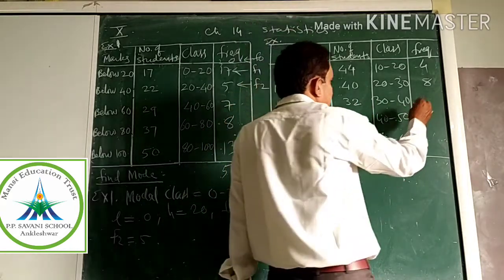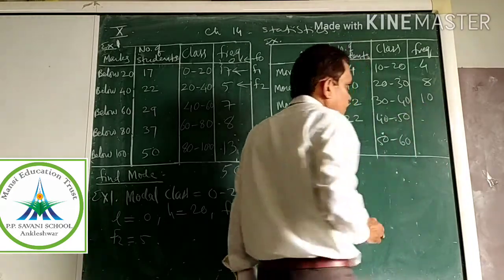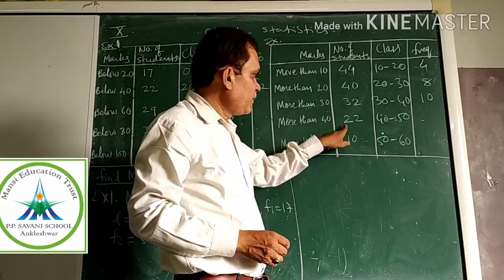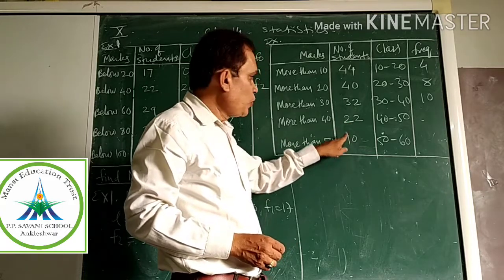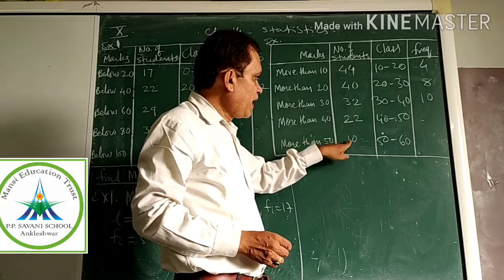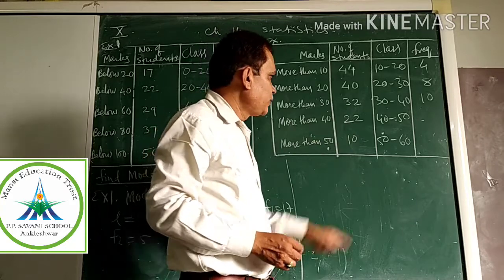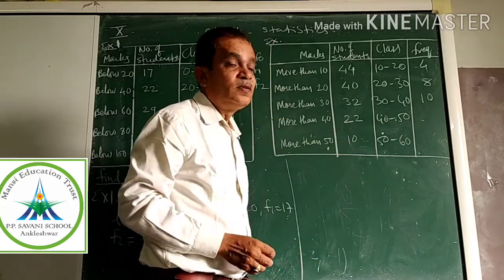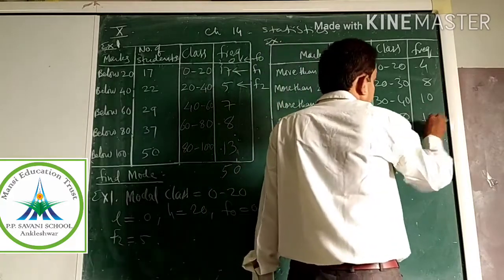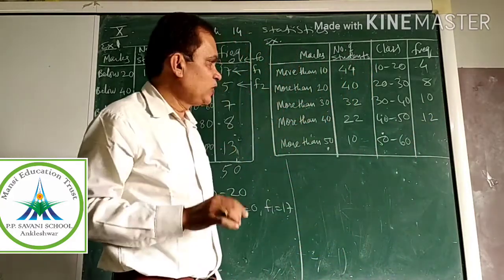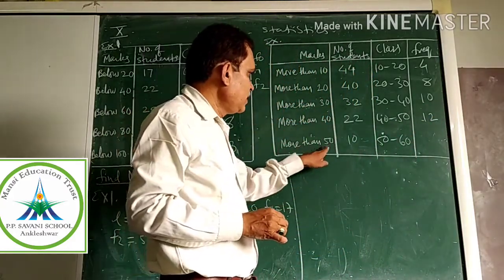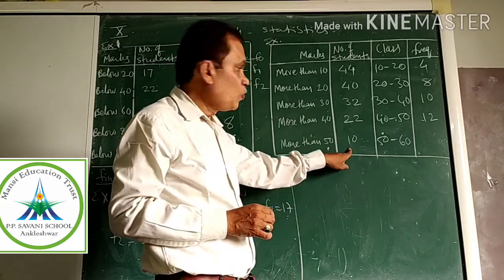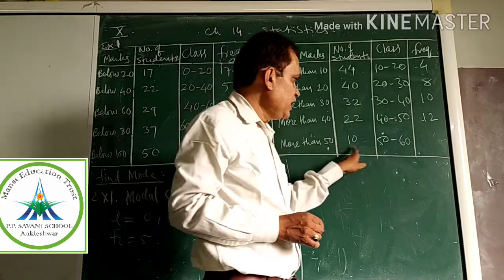How much? 10. More than 40, 22. More than 40 includes this also. So for 40 to 50, I will take 22 minus 10, 12. Then more than 50, 10. So that is 50 to 60, 10.